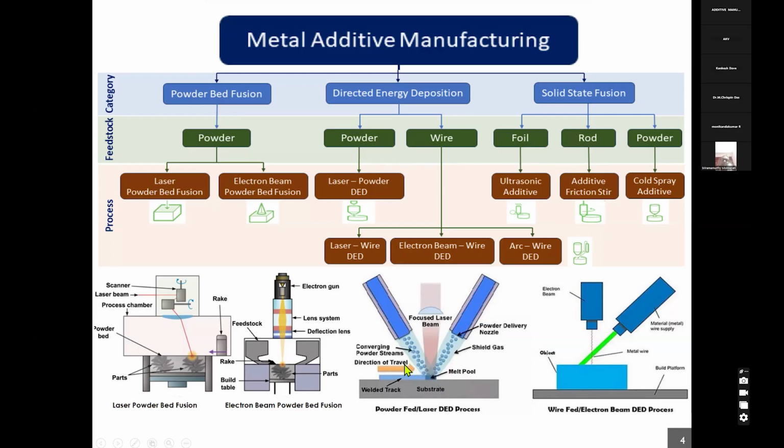So unlike the powder bed fusion process, we don't have a powder bed. And in the case of the wire DED process, you have wire as a feedstock, and you can have either electron beam, laser, or arc as the heating source.